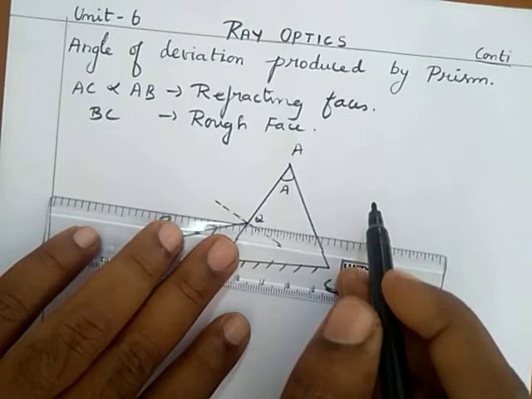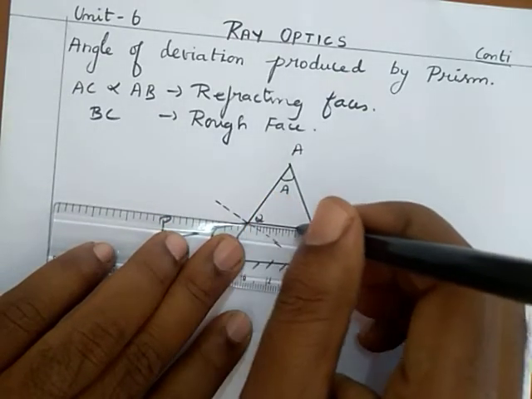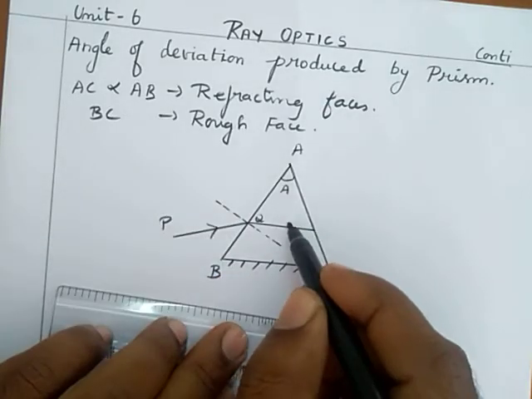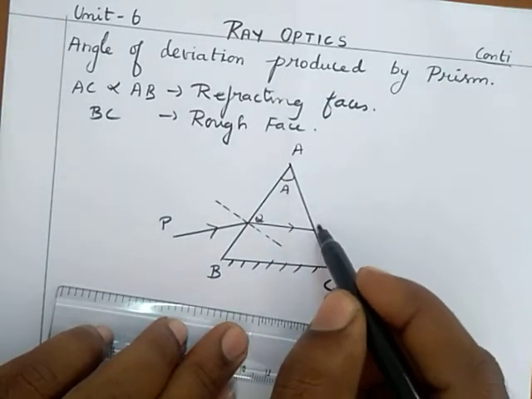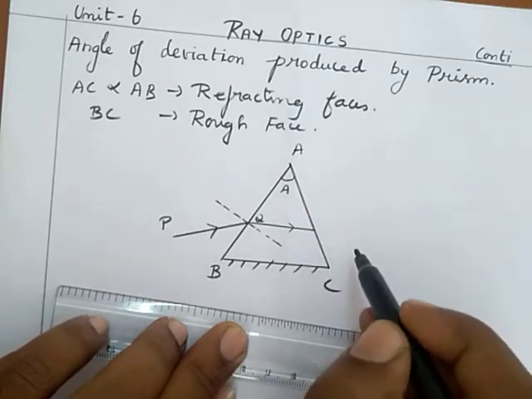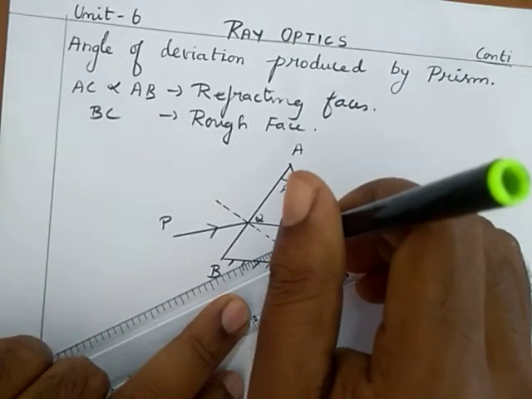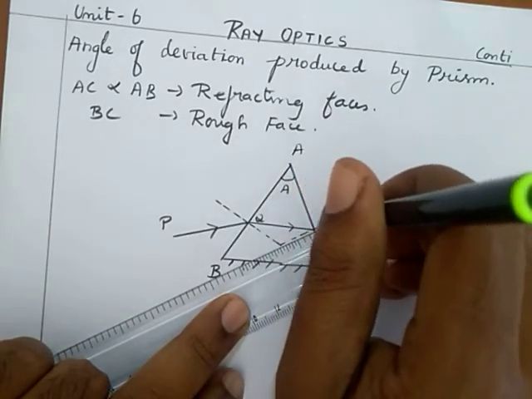Then it will bend towards this side. Again it will be incident on the surface AC. Here the ray of light travels from a denser to a rarer medium, so it will bend away from the normal. At that point I draw a normal.